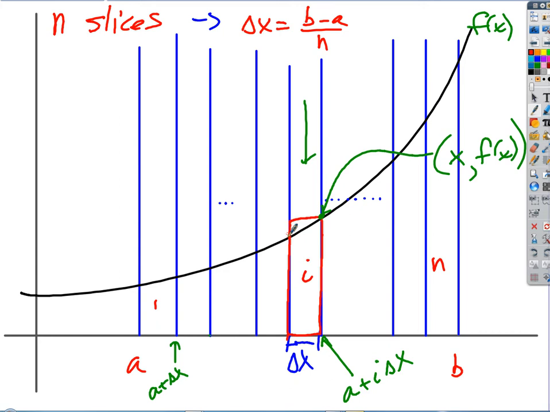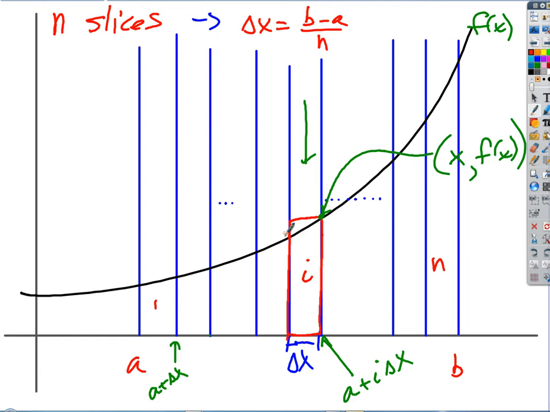I don't want to spend too much time on this, because you're going to see shortly that it doesn't matter whether we use inscribed or circumscribed. If we get the limit to become exact, the extra area just shrinks to 0, and it doesn't make any difference where we started.